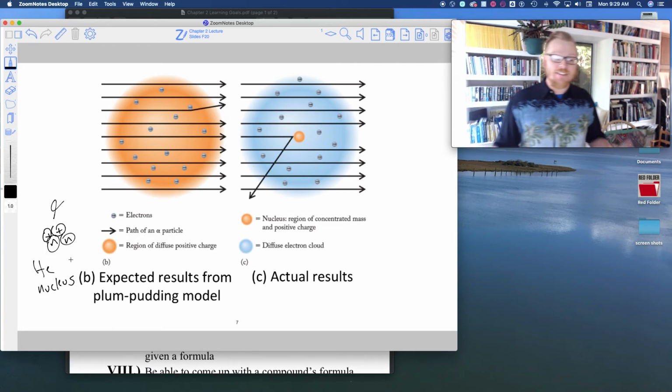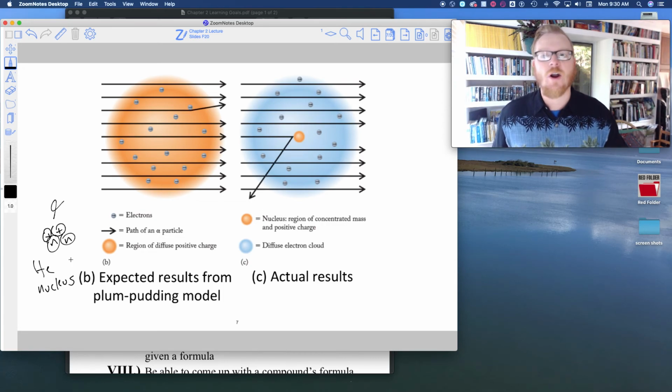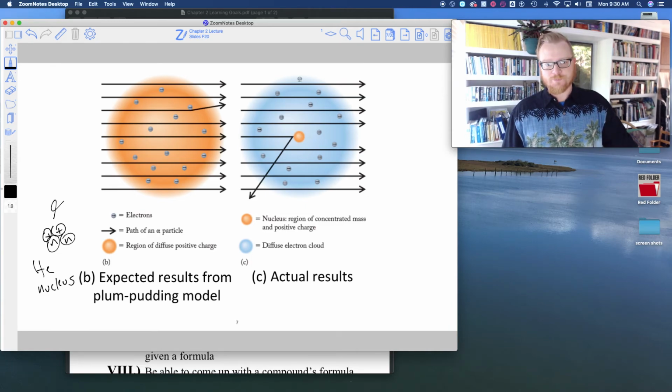And in fact, that's exactly what happened in Robert Millikan's experiment, right? He wasn't using alpha particles, but he was using X-rays. And those X-rays were able to shred electrons and bonds out of the oil so that it left the oil charged, okay?